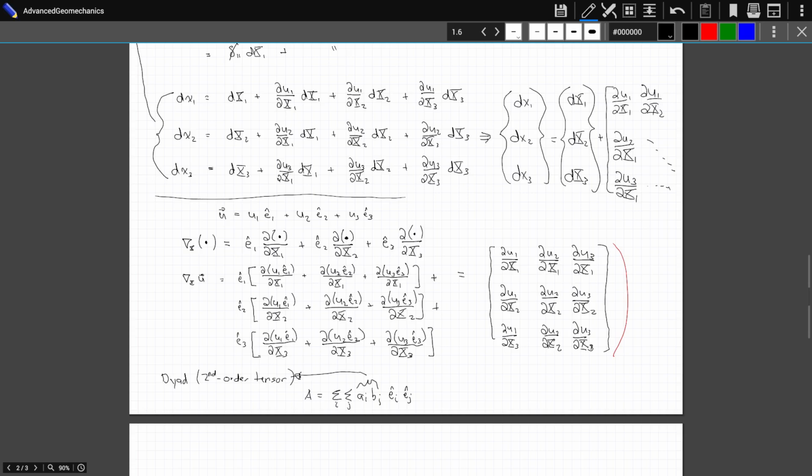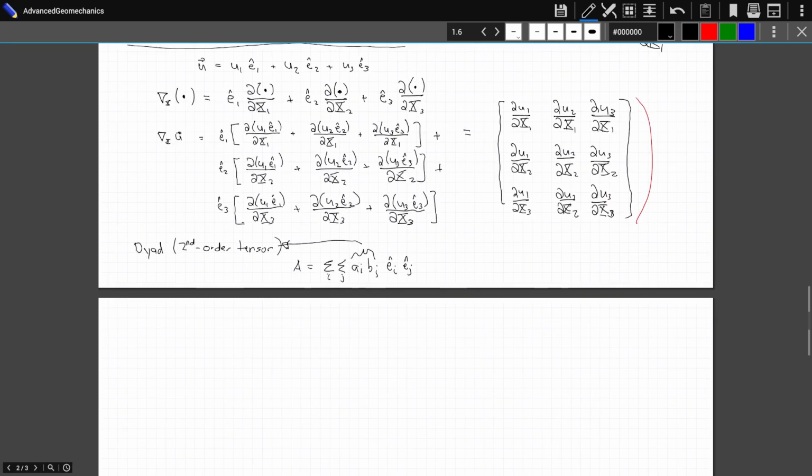But mathematically speaking, because when we write it out in math form, we don't keep the unit vectors, right? Typically you would just say the gradient operator is a vector: partial x1, partial x2, partial x3.